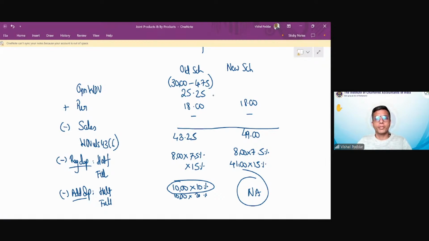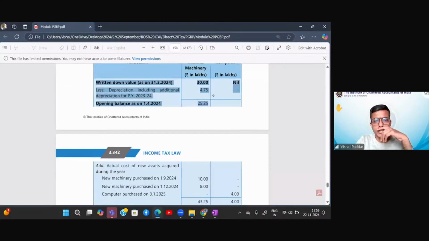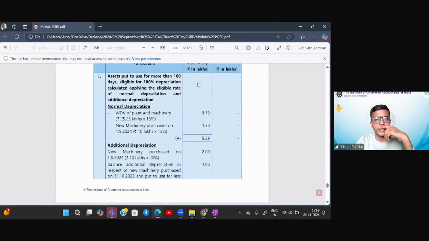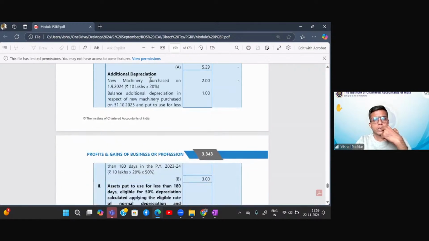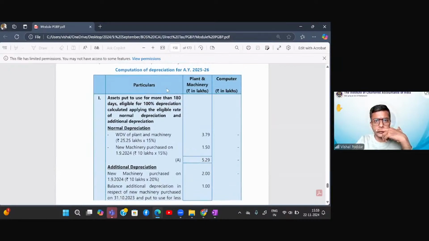So I'm left with additional is fine. Let us see what they have done. Actually, they may have shown it separately. Again, what they have done for additional depreciation, I don't understand.